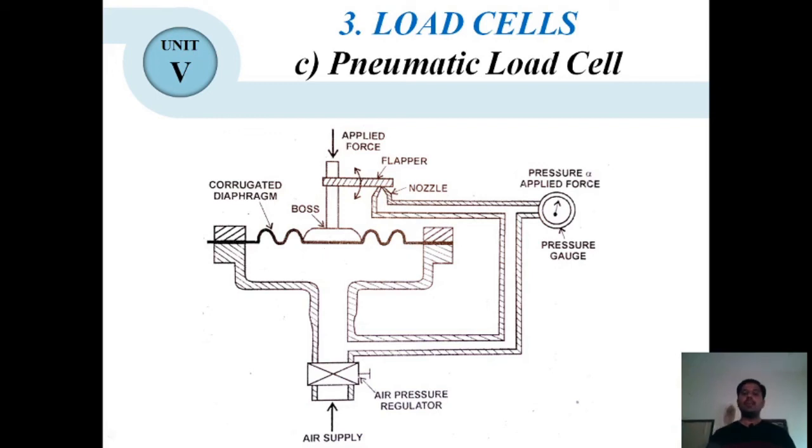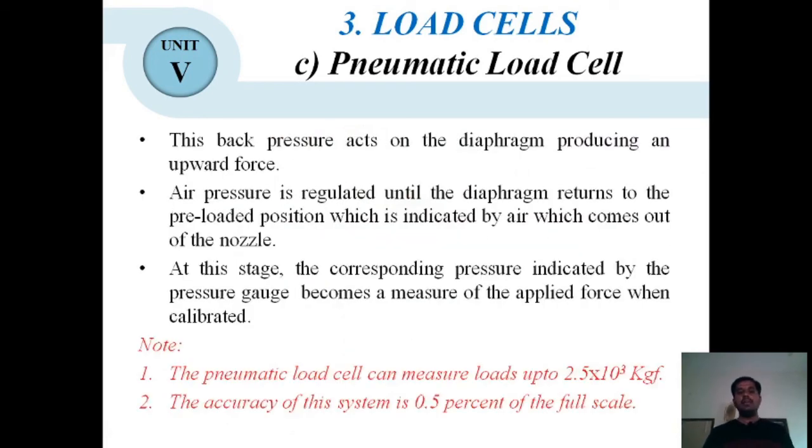That means by the application of this force, the diaphragm will try to move downwards. Since we are applying the air pressure from the opposite side of the diaphragm, the diaphragm will try to move upwards. So air pressure is regulated until the diaphragm returns to the preloaded position, the initial position. How do you know the preloaded position?